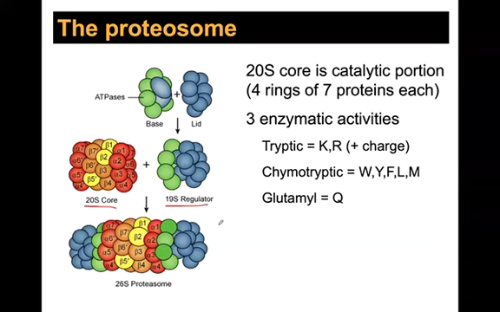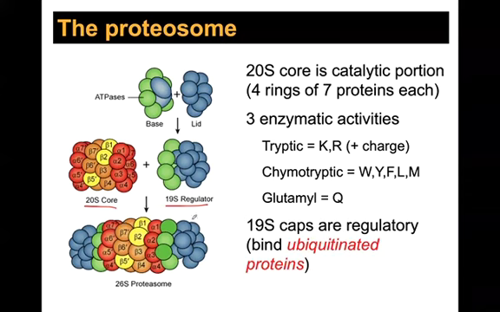You don't have to know which subunit does which, but you can see that they typically cleave after either tryptic or chymotryptic residues, meaning a positive charge or bulky amino acids, or they can cut after a negative charge, particularly glutamic acid residues. Do I care that you know all the things it cleaves after? No, there are just a number of different amino acids it has a preference for, and this results in cutting proteins into short amino acid fragments.